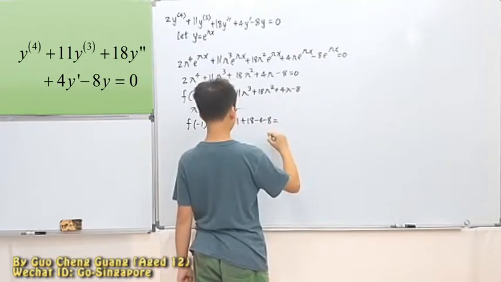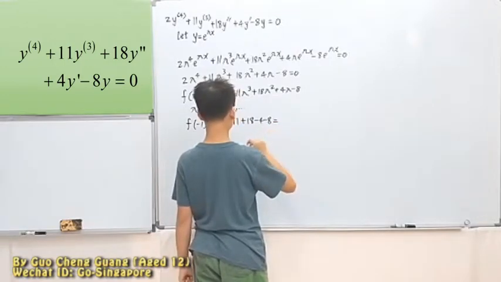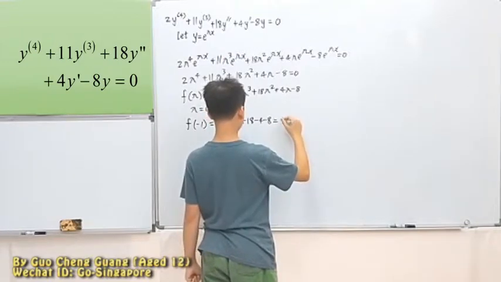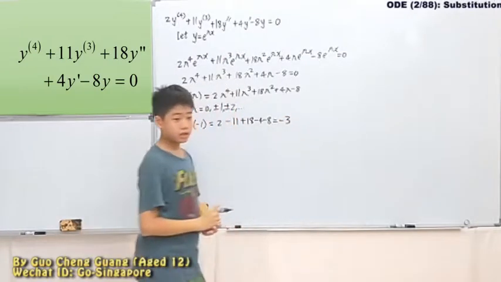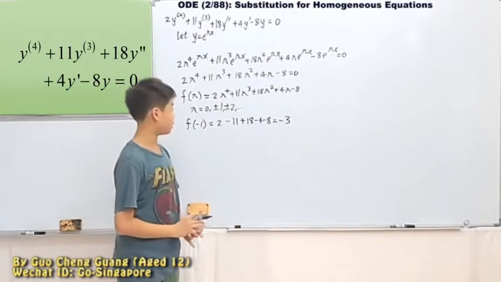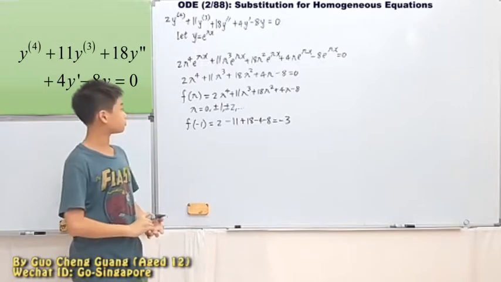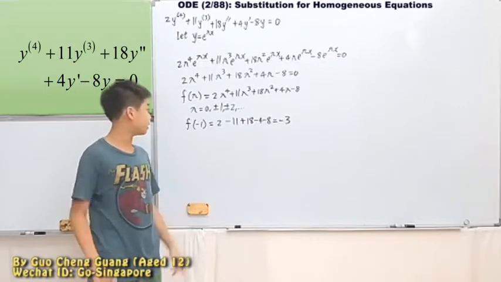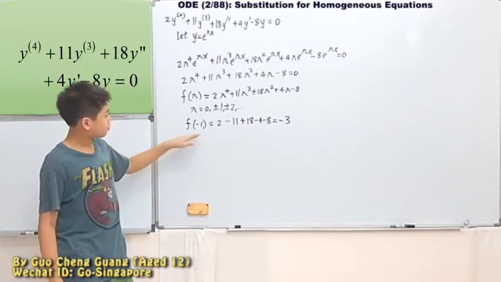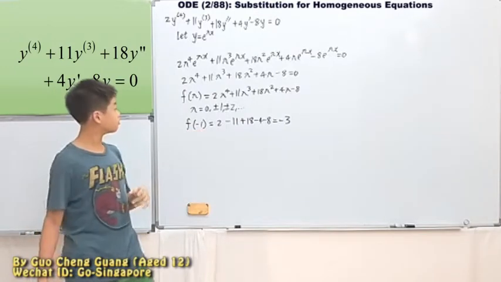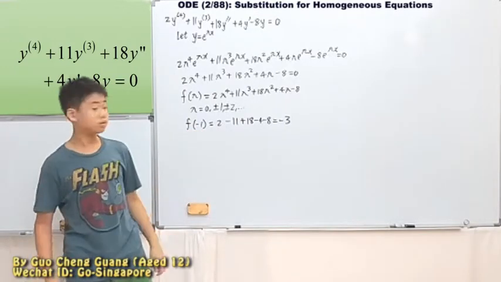But when we check this, it gives us a -3. So we need to change this. We need to try out another number. But what if it is bigger than -1 but smaller than 0?